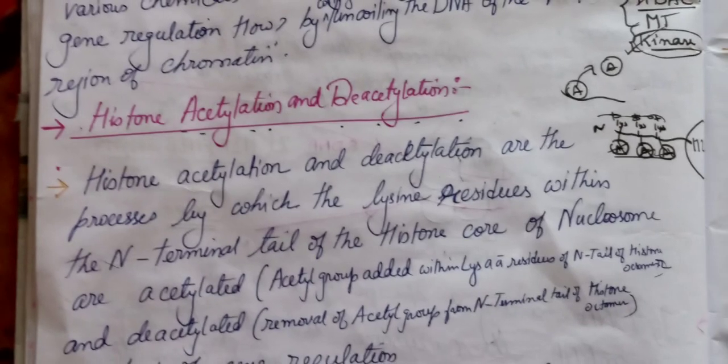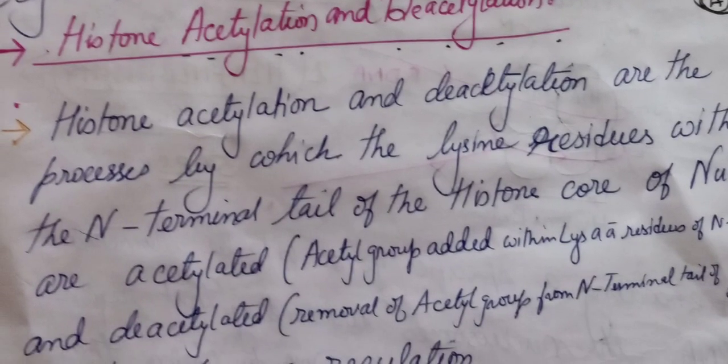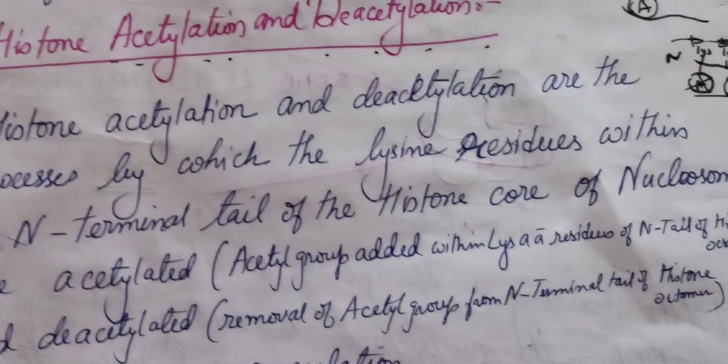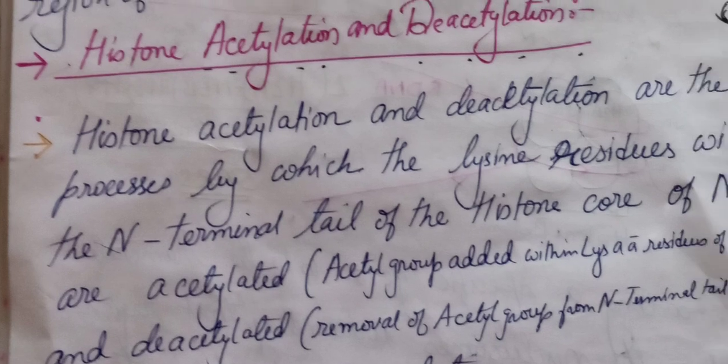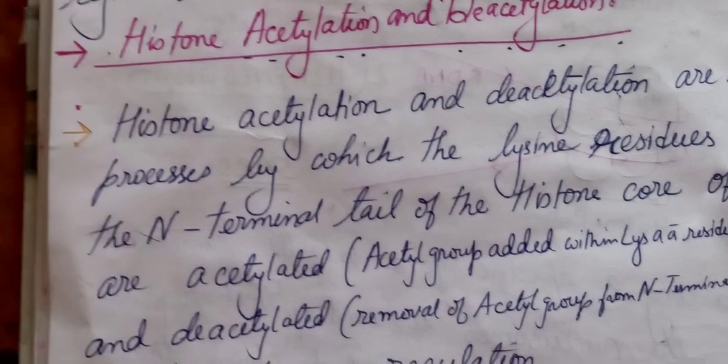Histone acetylation and deacetylation are the processes by which the lysine residues within the N-terminal tail of the histone core of the nucleosome are acetylated.